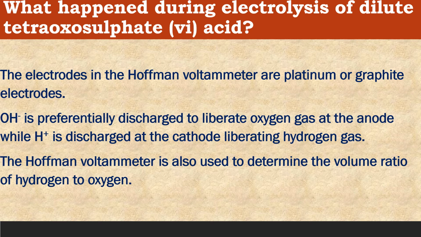So the function of the Hofmann voltameter is to determine the volume ratio of hydrogen to oxygen in the electrolysis of acidified water, or electrolysis of dilute tetraoxosulphate(VI) acid.